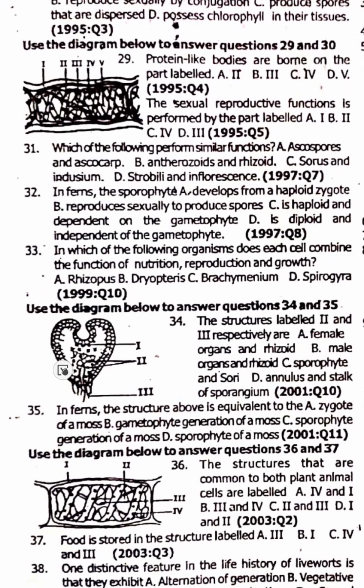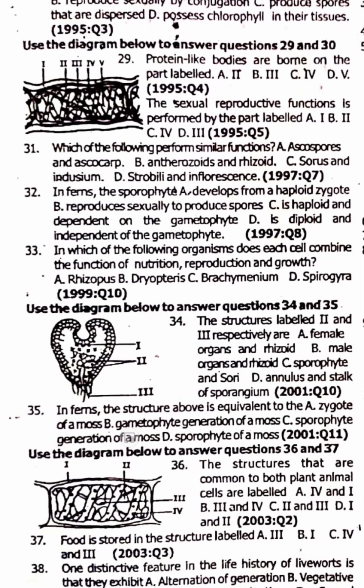34. The structure labeled II is for the male organ and the rhizoid. Option B. 35. In fern, the structure above is equivalent to the gametophyte generation of mosses. Option B. Remember, for fern, sporophyte is dominant.